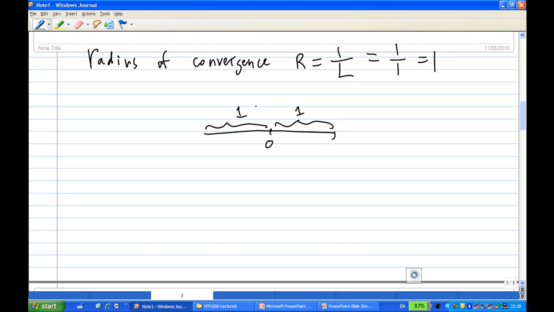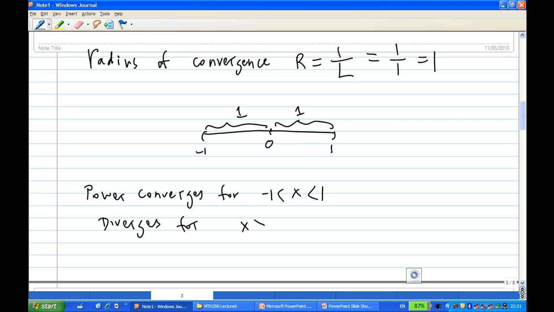So the interval is from minus 1 to 1. That means the power series will converge for x between minus 1 and 1, and diverge for x greater than 1 or x less than minus 1.